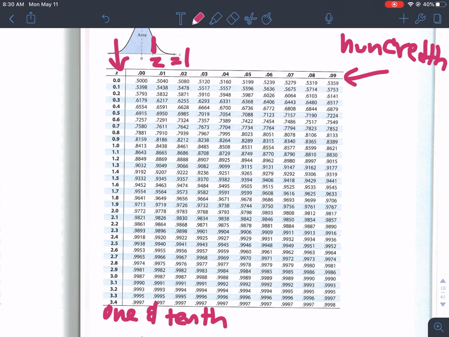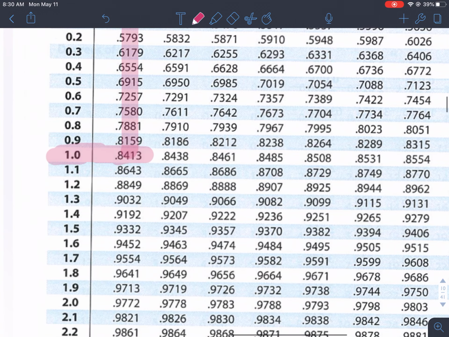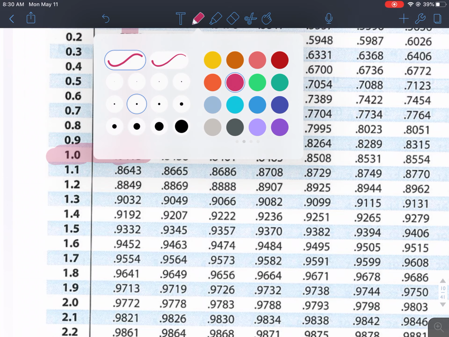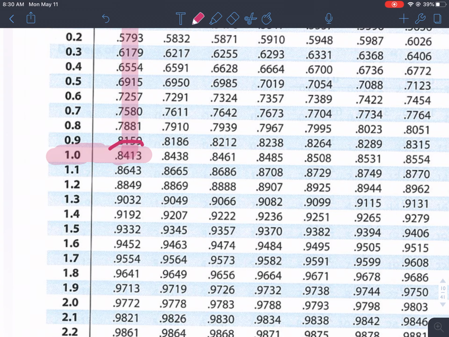If I look for 1.00, 1.0, and then 0, okay? So if I'm looking at z equals positive 1, I get that number right there, which is 0.8413.